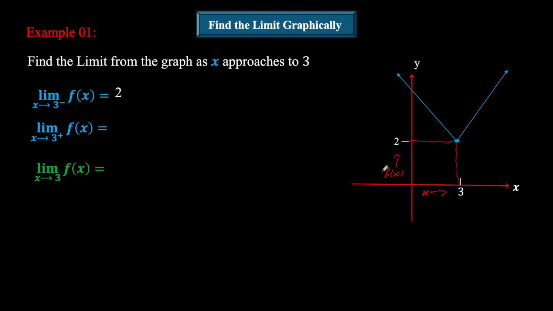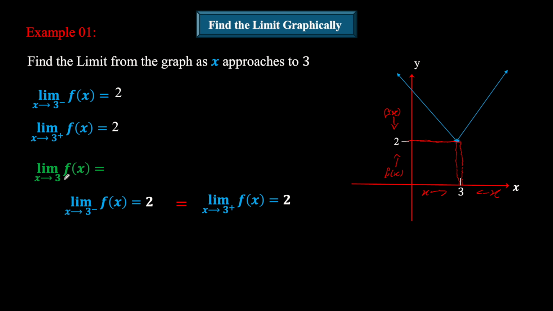Then we check from the right side. As x approaches number 3 from the right side, we see that it is going to the same point, and here also f of x is approaching number 2, right? That's why it is 2 also. Now what is the overall limit?